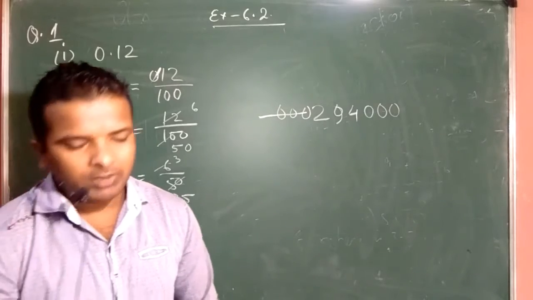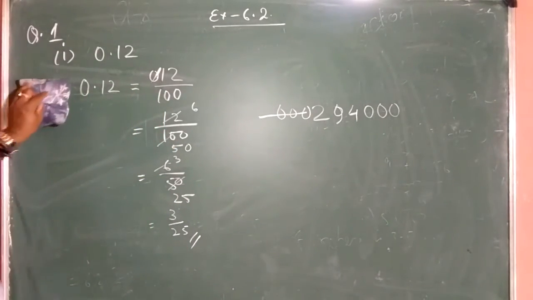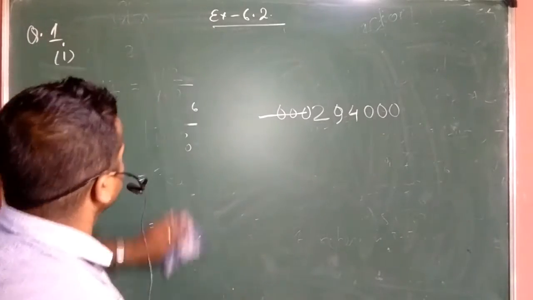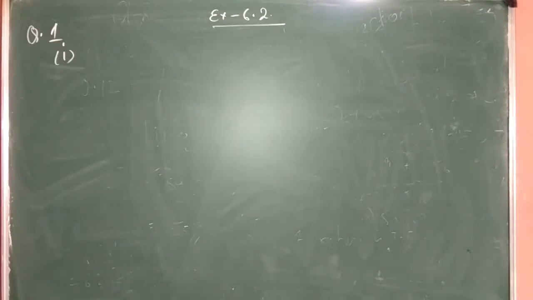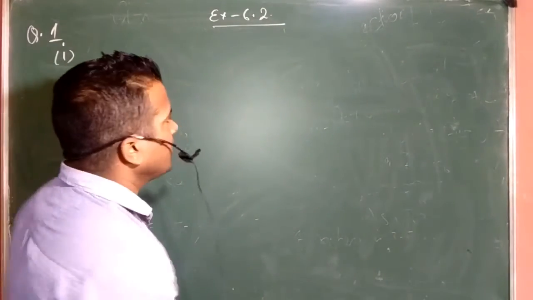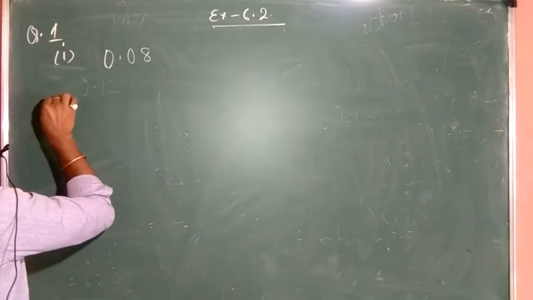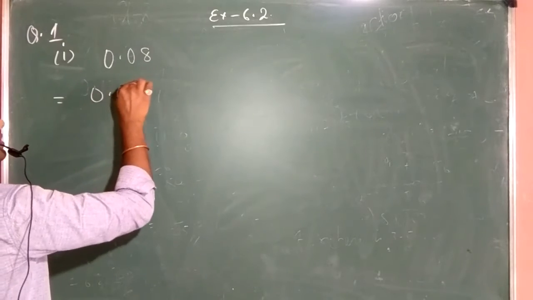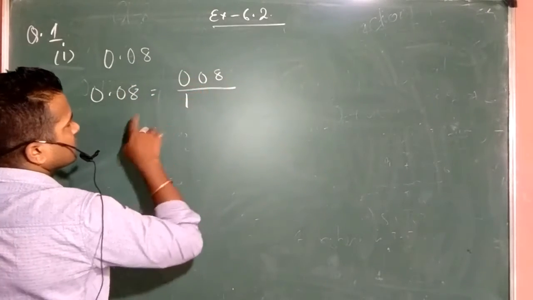Let us do Roman number 2, 0.08. Simply 0.08 is 0.08 by 1.